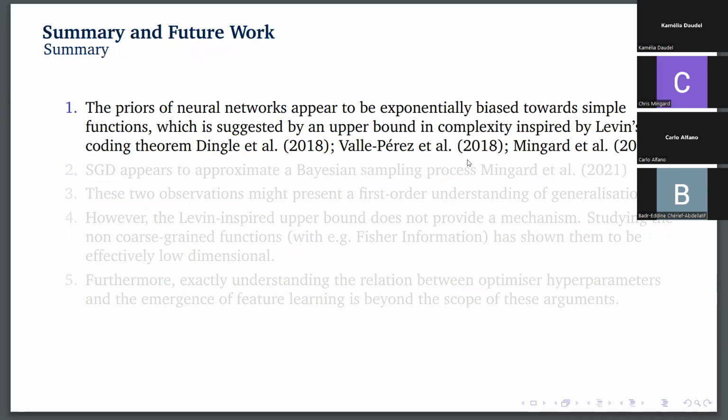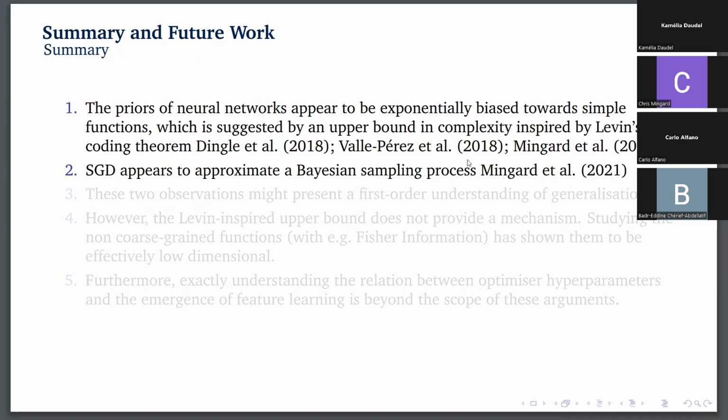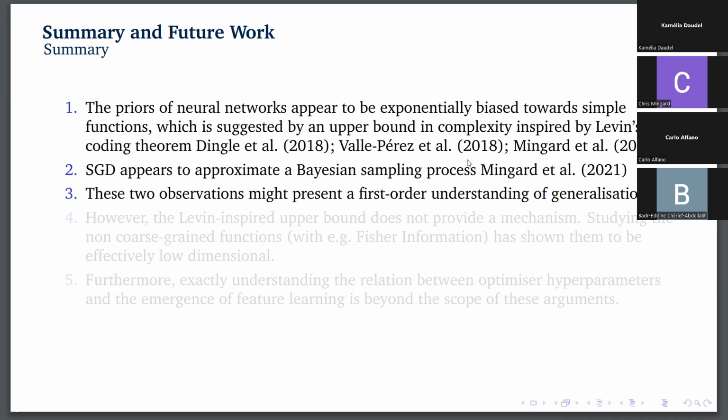So in summary, these experiments and the theoretical bounds suggest that the priors will be exponentially biased towards simple functions. SGD appears to approximate a Bayesian sampler, at least in these fairly small scale systems. Putting these two observations together might point towards a way of thinking about why neural networks generalize.